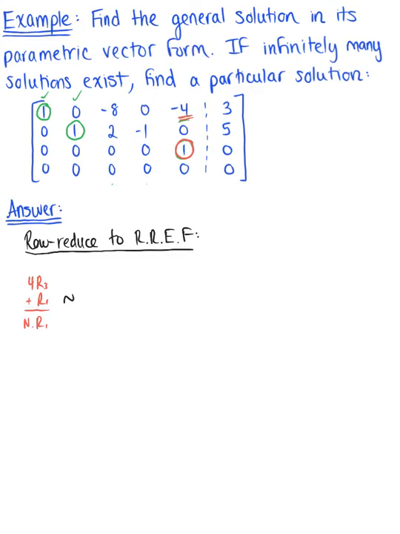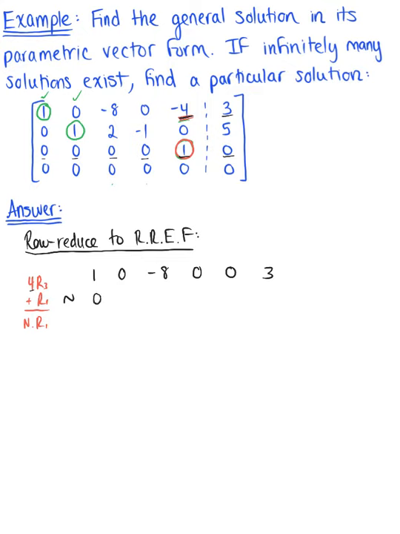So notice row 3, we have all zeros here. So even though we're multiplying by 4, it doesn't affect the first 4 entries of row 1. So we still have 1, 0, -8, 0. And then 4 plus -4 is 0, and 0 plus 3 is 3.